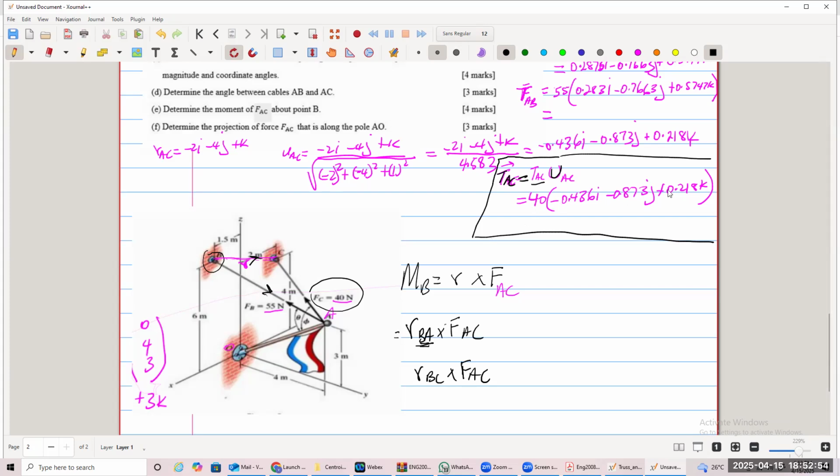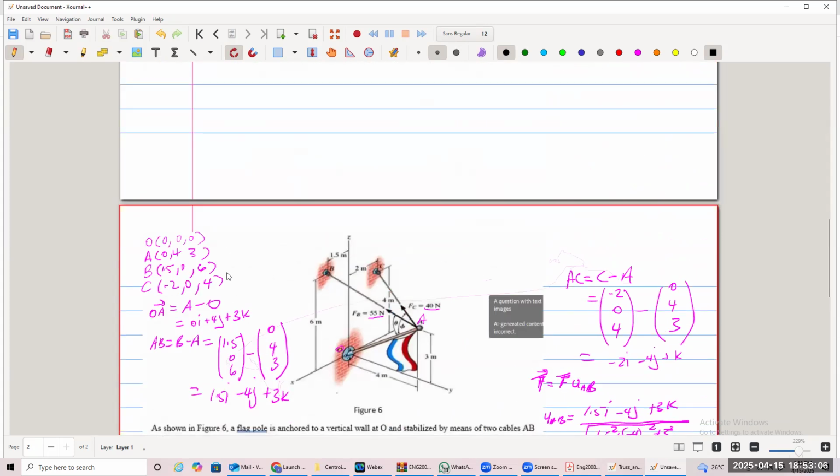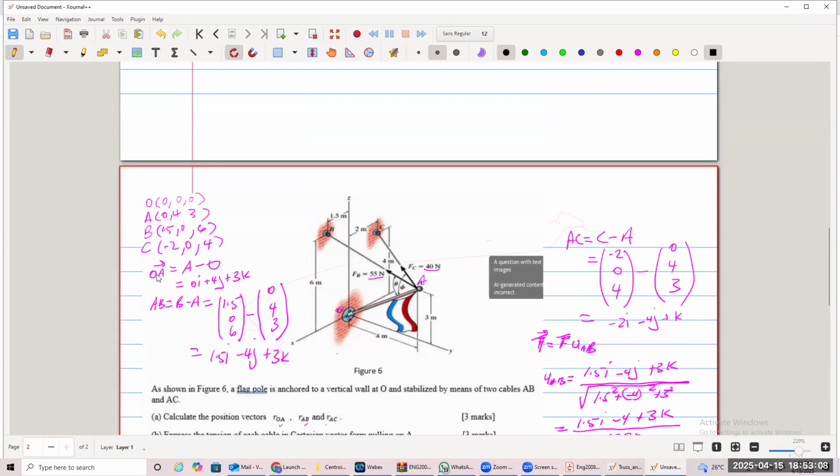So all you need now is the unit vector of this line, AO. But notice where they ask you from: from A going to O. So they want the reverse order, so you will get the negative of this. We have the position vector OA, see it up here, 4J plus that. So it's the reverse of it.